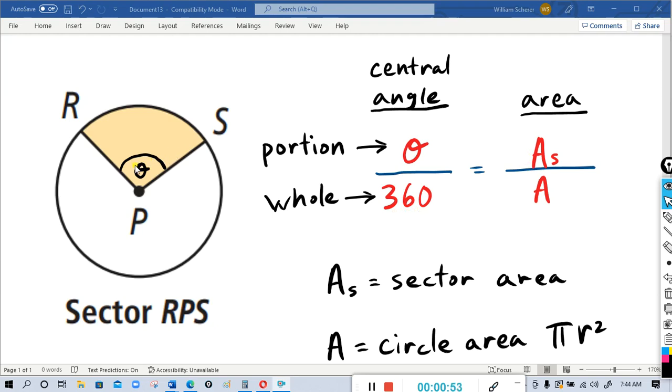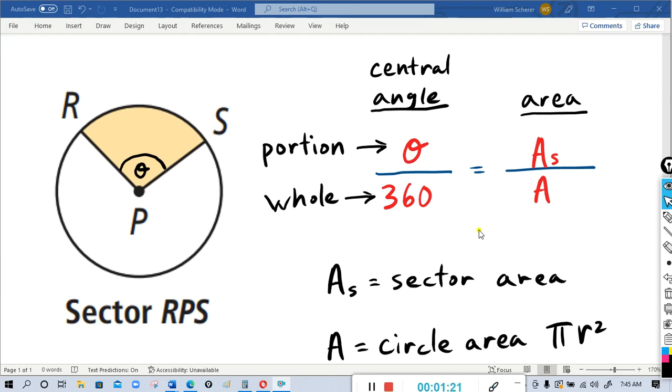All right, so the measure of this central angle is represented by this Greek letter theta. And we know if you go once around the circle, that's going to be 360 degrees. And that equals A sub S, the sector area, divided by the area of the whole circle, which we know to be pi r squared.